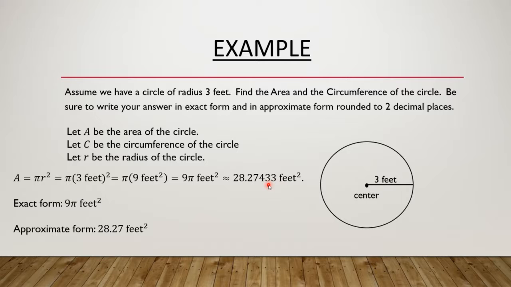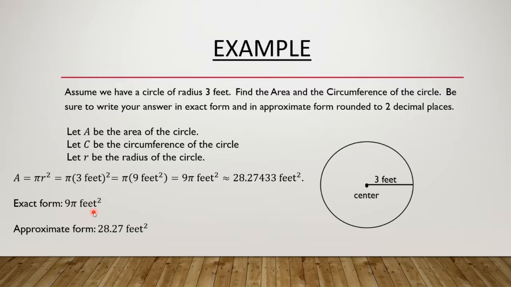So here I'm using 5. The more you use, the closer the answer is, so to say. Since I'm telling you to round to 2, you want to use at least 3, maybe more decimal places for your intermediate calculations. So the exact form would be 9 pi square feet.